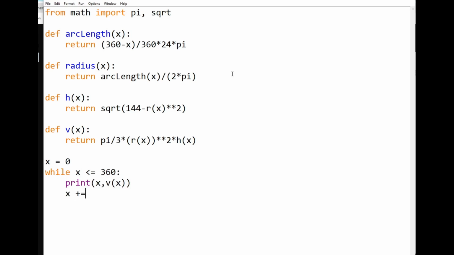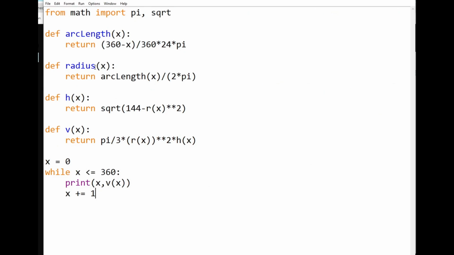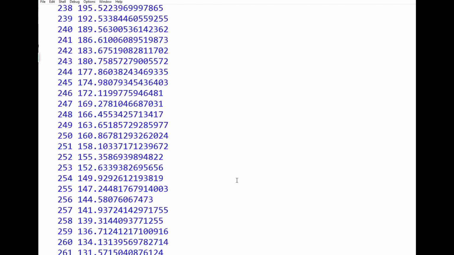After that, make x go up by 1 degree. All right. Should we print that? R is not defined. That's right, we called it radius. Let's just say R. Cool.